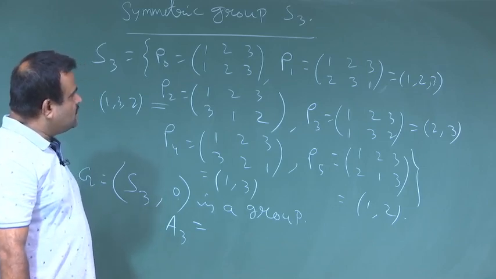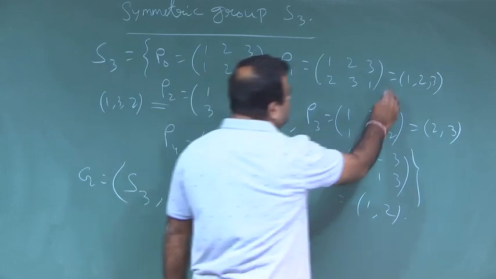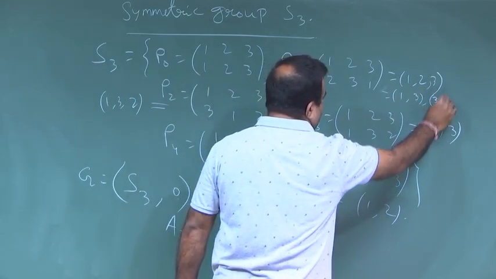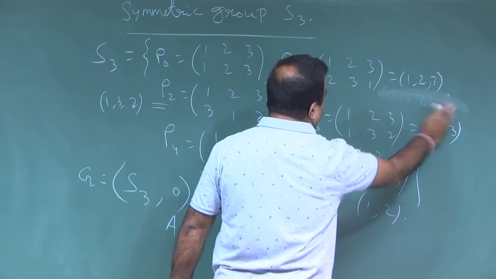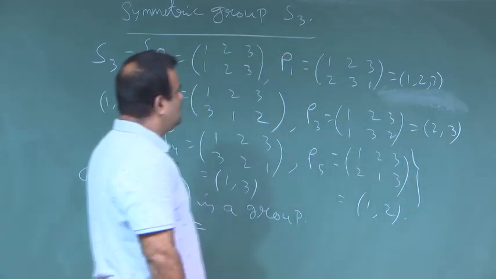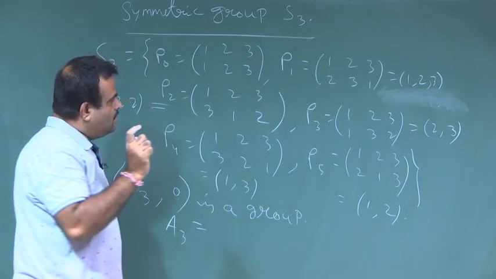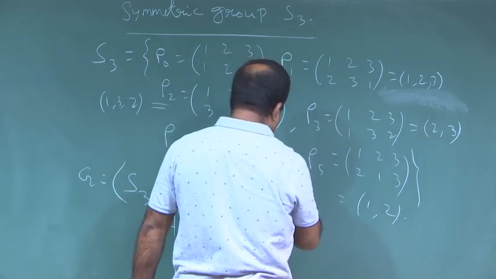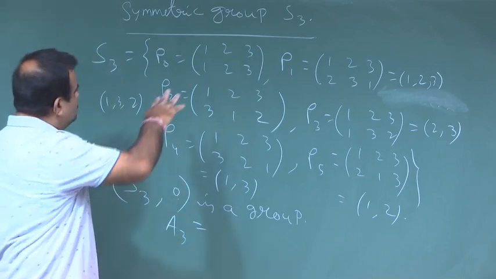Now, an even permutation can be written as 1 3 and then 3 1, like this. So, these three are all odd permutations and these three are even.